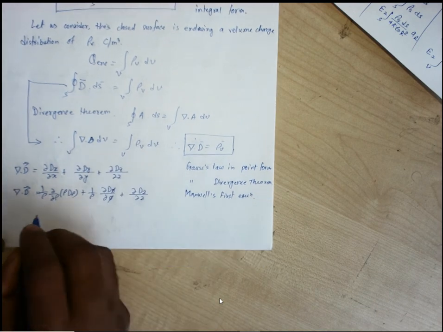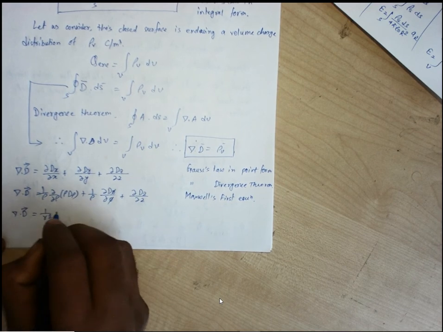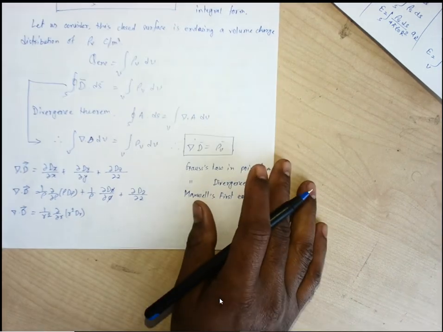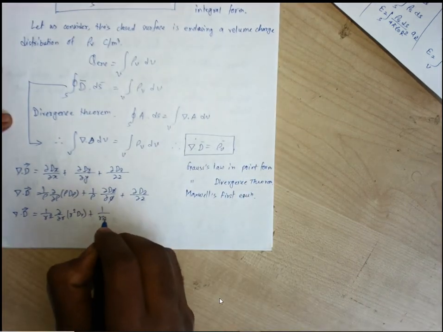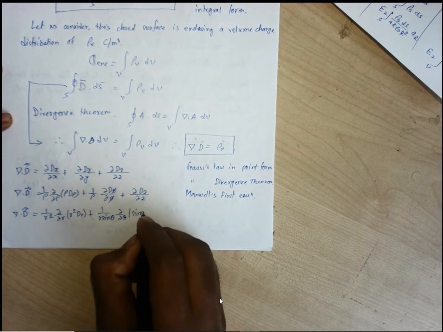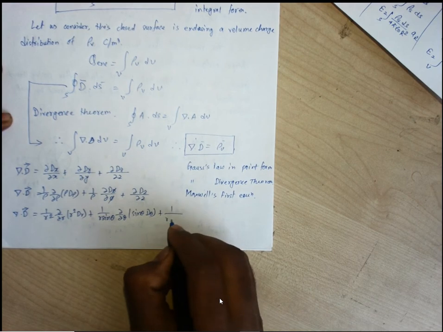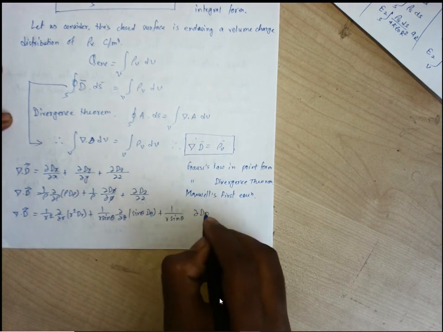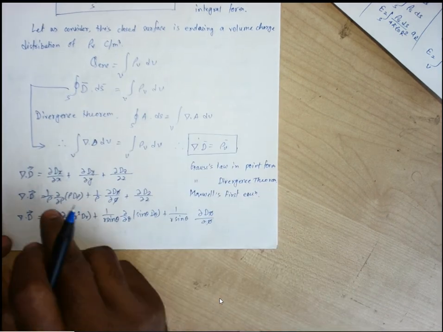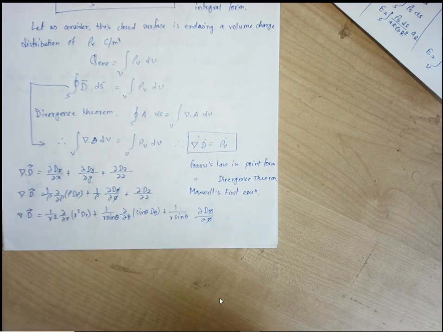Then the spherical coordinate system. So the Cartesian coordinate system has x, y, z; the cylindrical coordinate system has rho, phi, z; and the spherical is r, theta, phi. Okay, so this is the expression.